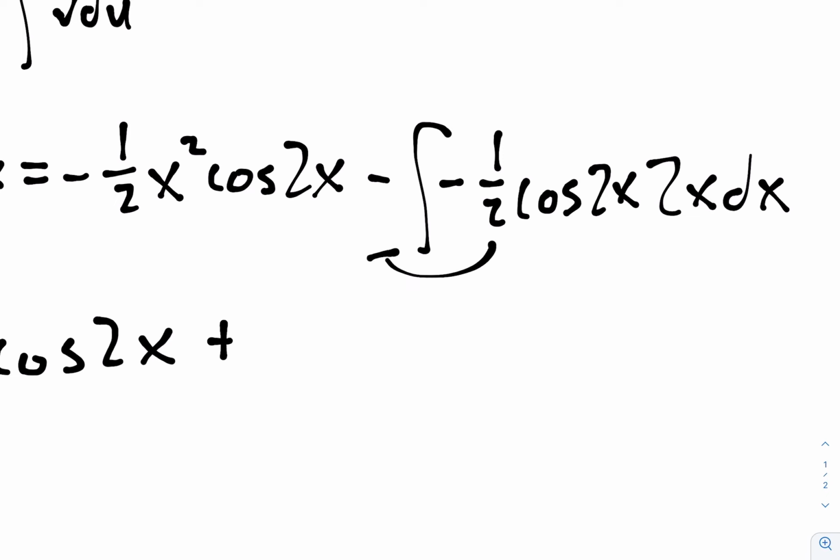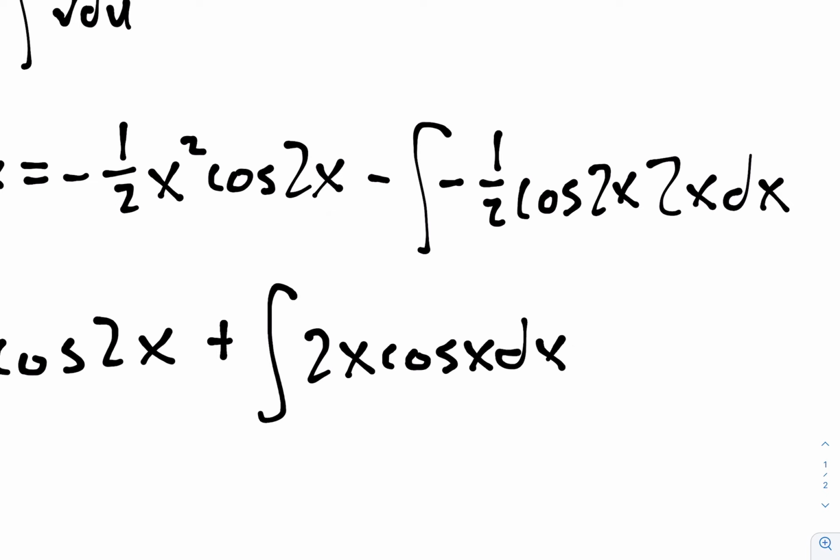We can bring this 1/2 out front, and also this 2. See how this is 1/2 times 2 in the same product there? Those 2's are going to cancel out, and we're just going to be left with plus the integral of x cos 2x dx on the inside there.